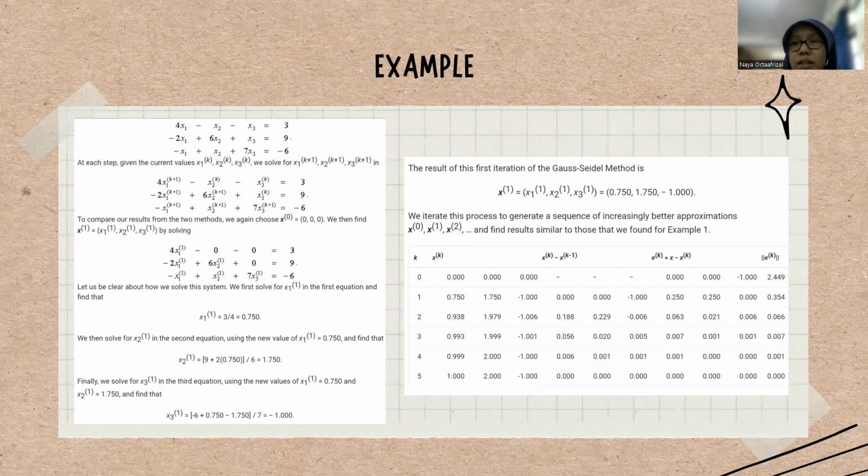If it's written in a table, it will look something like this. At the right part of the table, we can see that the error for every iteration that we've done kept on decreasing until it reaches 0%.